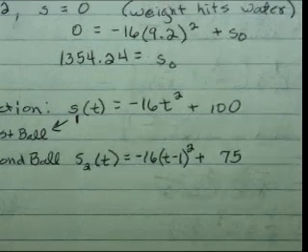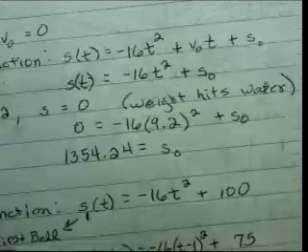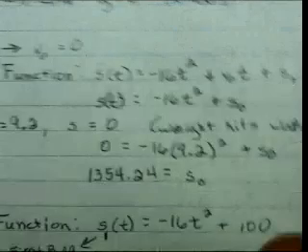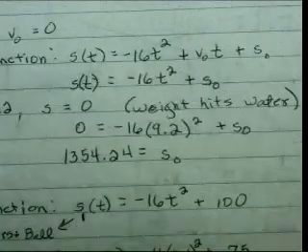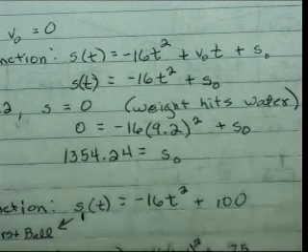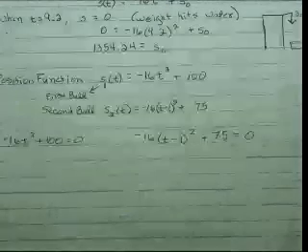So negative 16t squared plus 100 equals 0, and negative 16 times (t minus 1) squared plus 75 equals 0, and whichever one gives you the shorter time is the first one that hits the ground.